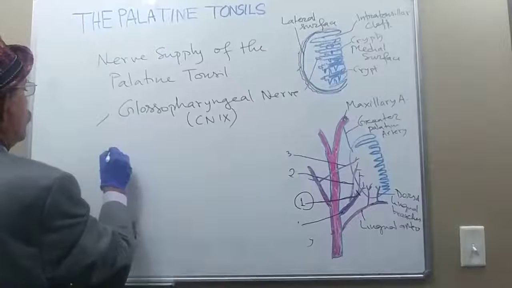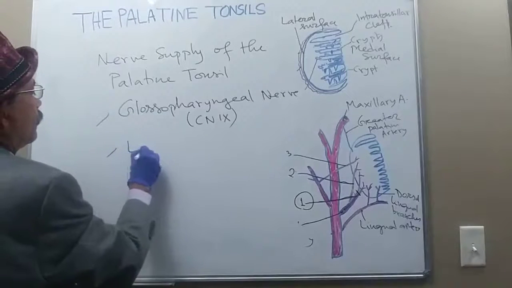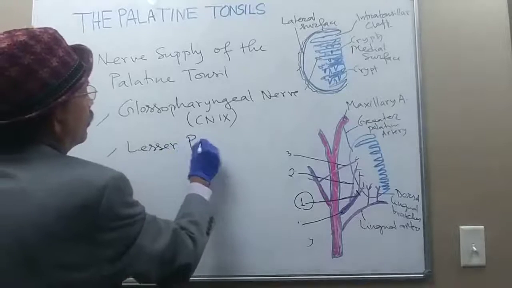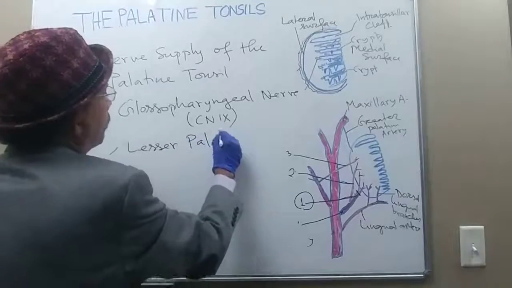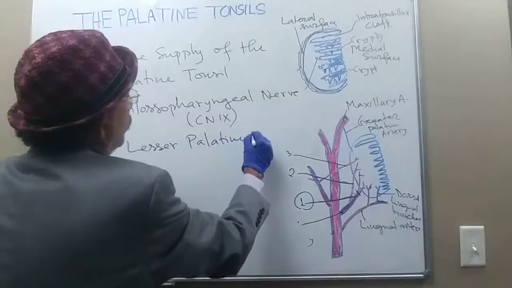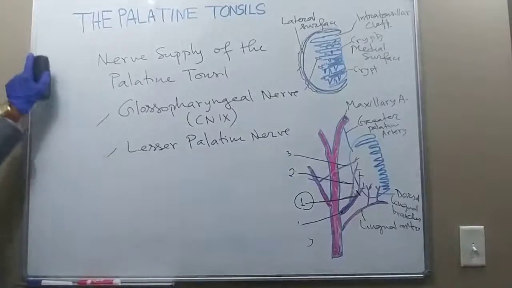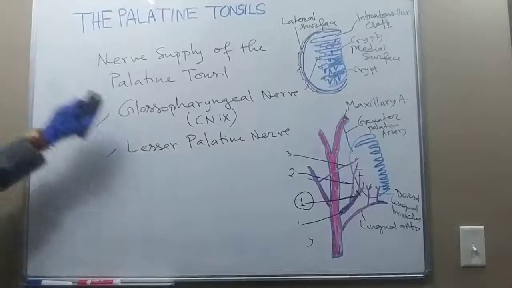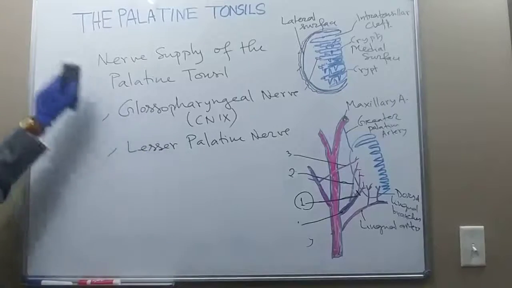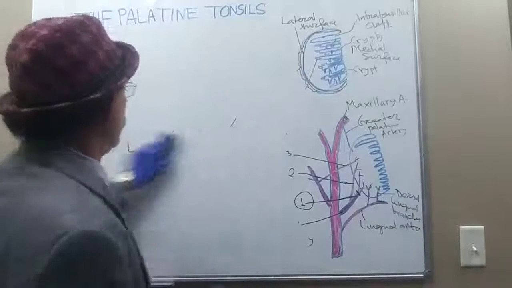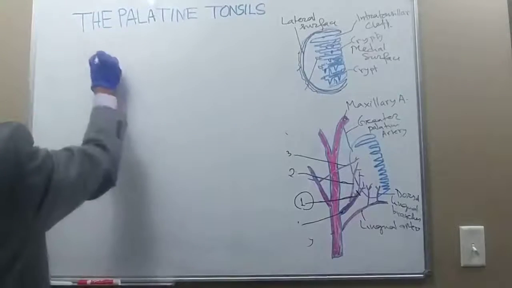It also gets innervation from the lesser palatine nerves. So we have two nerves, the glossopharyngeal nerve and the lesser palatine nerve, innervating the tonsil. Now we have to go to the lymphatic drainage.